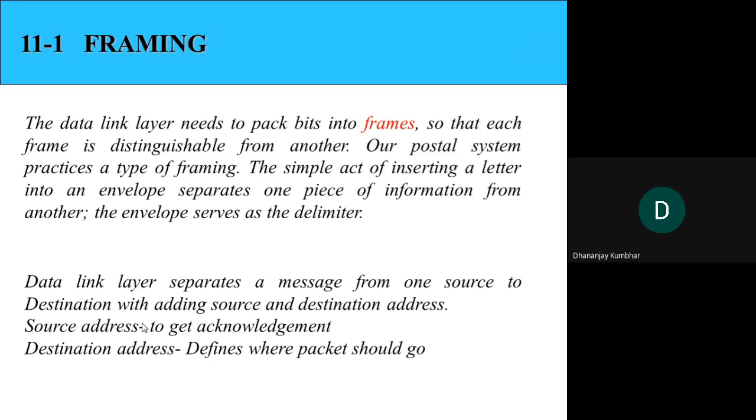So the data link layer needs to pack bits into frames so that each frame is distinguishable from another. Whatever bits we are transmitting, we make them into a group, so that the information which is part of one group will be completely distinct from that of a second group. This is the example I have given for the postal system as well.